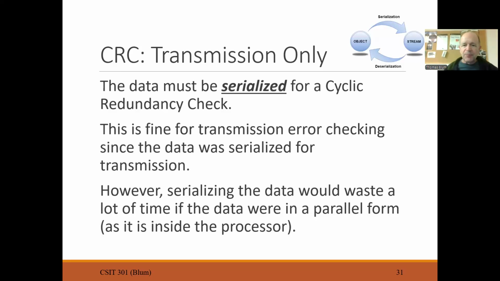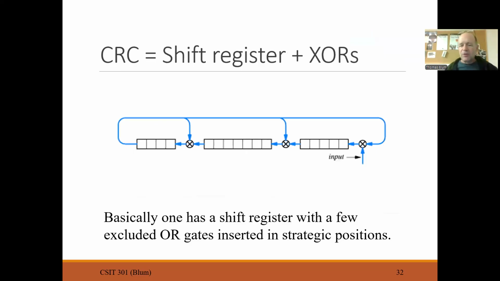All right. So here's our picture. We have some data coming in on the right-hand side there, that upward pointing blue arrow. And then those circles with the X's in them are the exclusive ORs. And we have this shift register that is shifting, in this case, to the left.